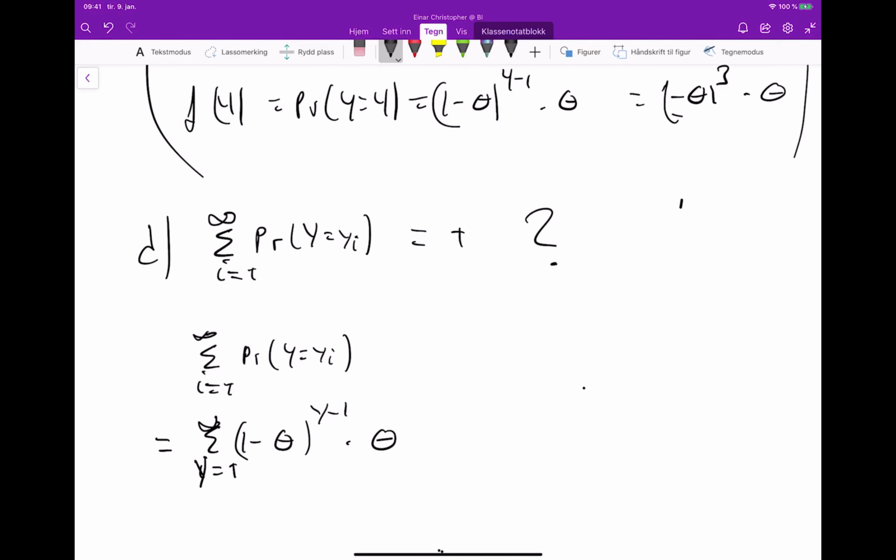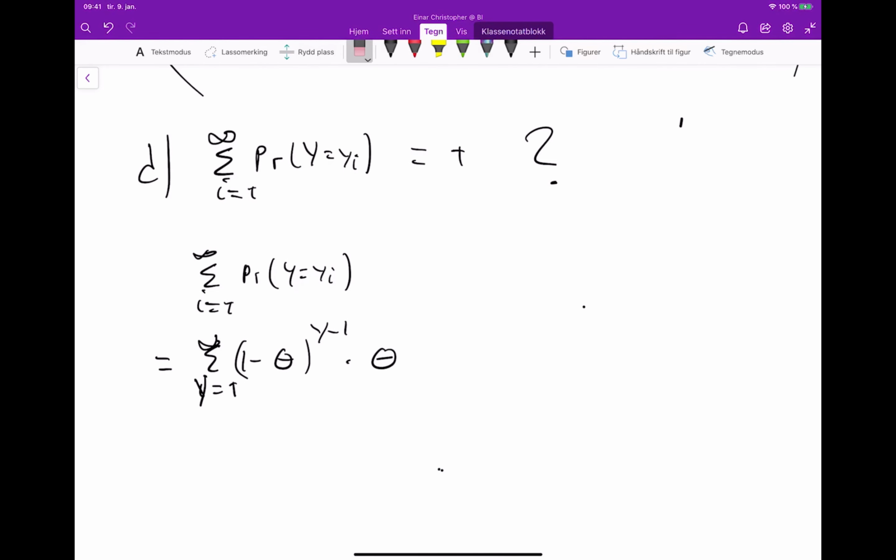So now I just replaced this probability function with what it is, and I have changed the limits because of the change of notation. So it's not i in the sum here, it's a y.